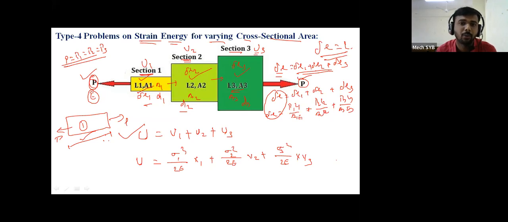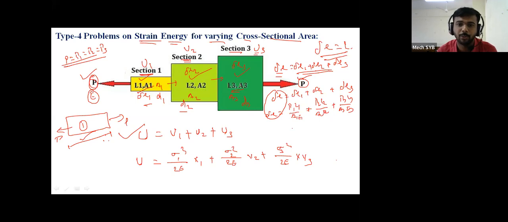A1 is not equal to A2 is not equal to A3. Means the strain energy is varying according to the cross sectional areas, and based on this we have to solve the problems in this particular type number 4.